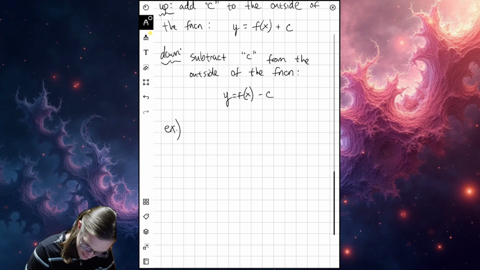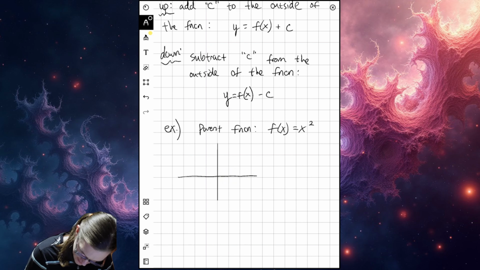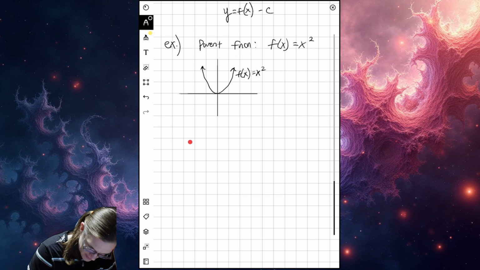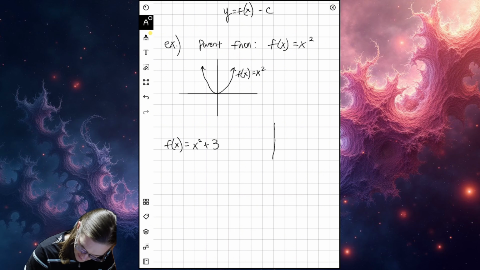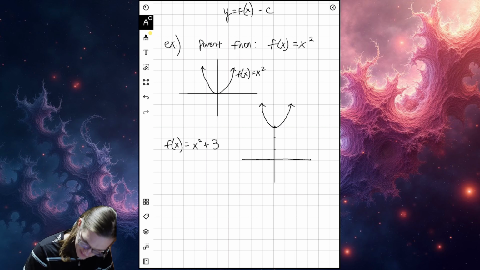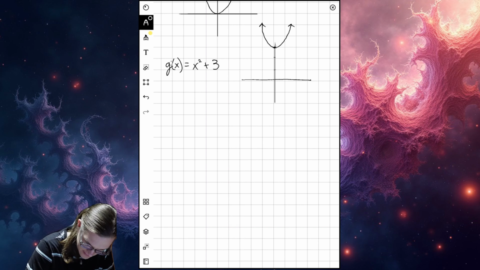And a quick example of that, say we have a parent function of f of x equals x squared. Okay, well, that's going to look like this, something like that. And we want to shift it up 3 units. What are we going to do? We're going to say f of x equals x squared plus 3. And now it's going to look like this, 1, 2, 3. Same exact shape, just shifted up 3. Or here, let me write this as g of x, since it's a new graph, new function.